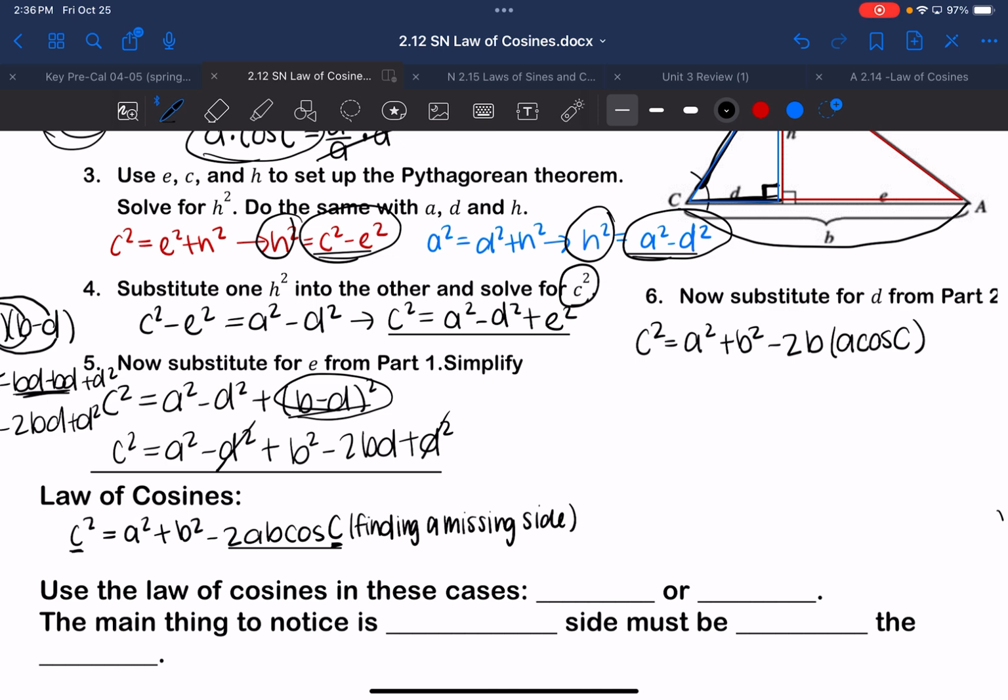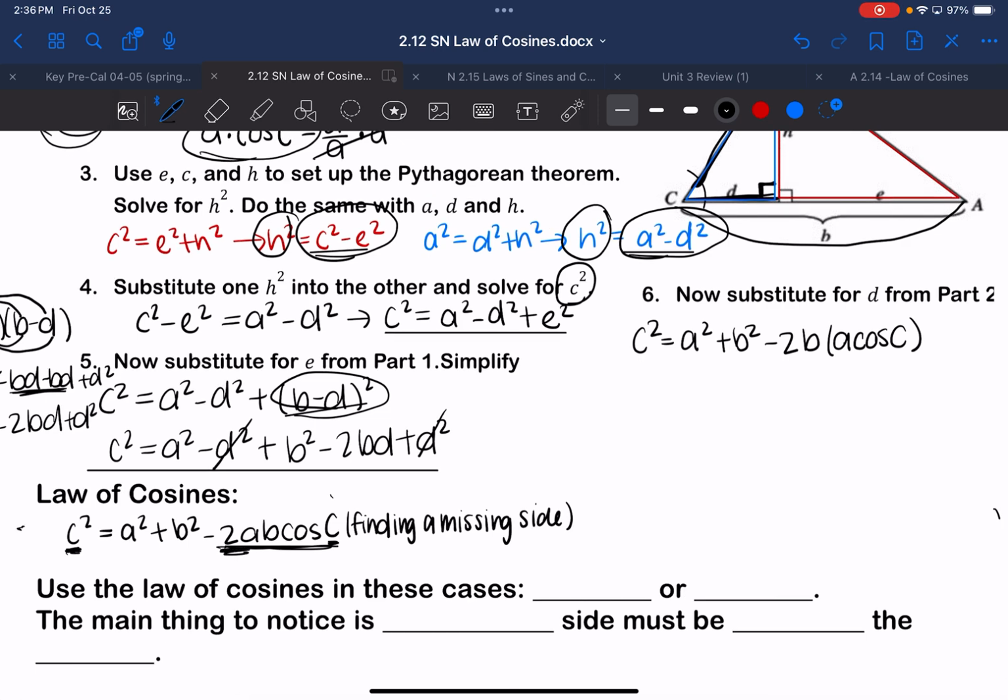So how would I move negative 2ab cosine C? Add it, right. Okay, and then I would want to move this c squared off of that side, right? Because I'm trying to get it by itself. How would I move c squared to the other side? Subtract it. So you said we would add this one because it's negative.